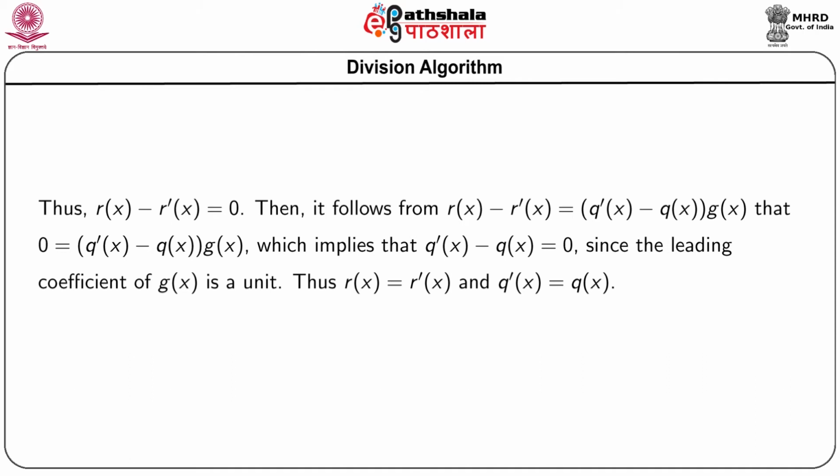Note that here we have not used the property that the ring R has no divisors of 0. This follows only because of the fact that the leading coefficient of g(x) is a unit. Thus we get R(x) equal to R'(x) and q'(x) becomes q(x), and hence both existence and uniqueness follow.